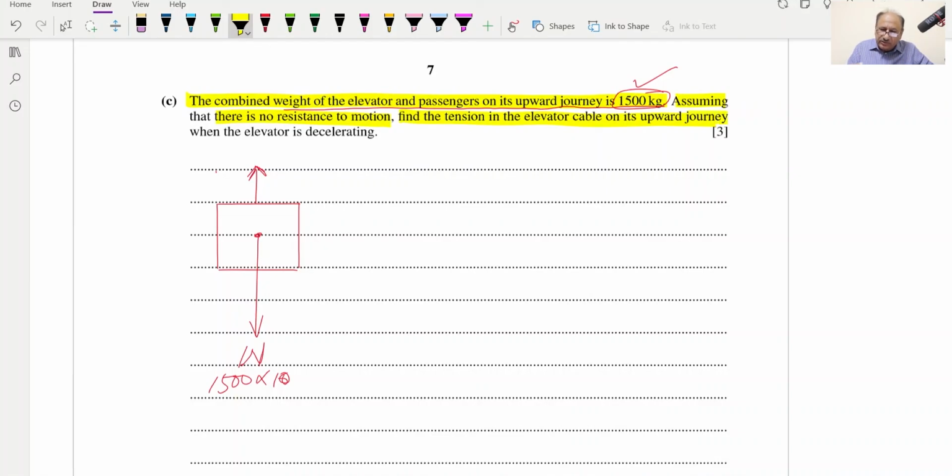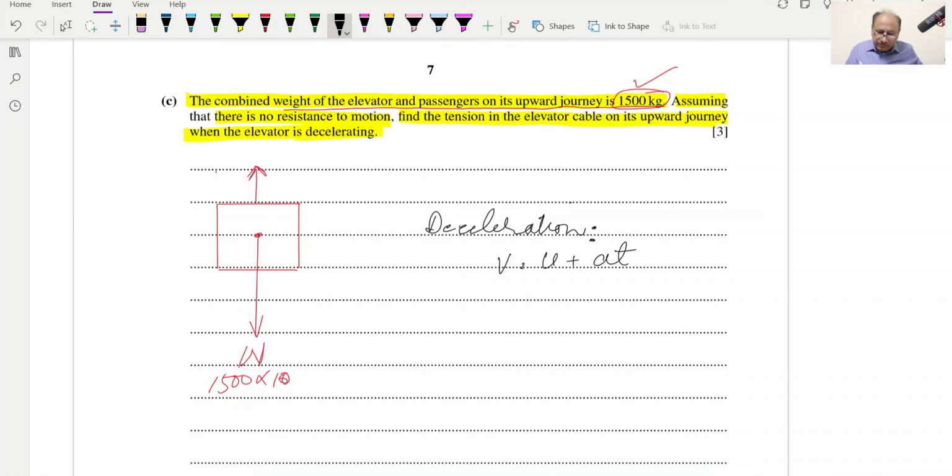So the journey is upward, and we have to calculate when the elevator is decelerating. So we can calculate the deceleration. How can we calculate it? We use V is equal to U plus AT.